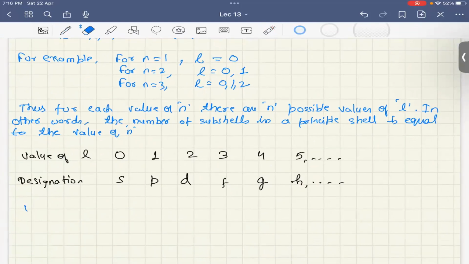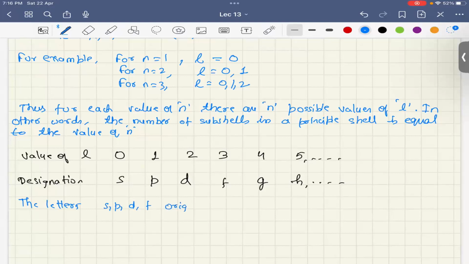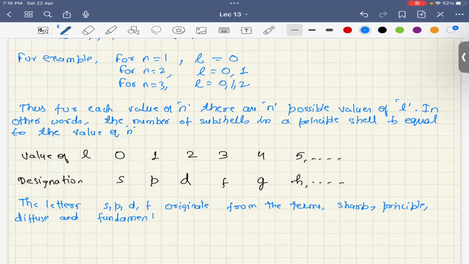The letters s, p, d, f originate from the terms sharp, principal, diffuse, and fundamental, which were used in atomic emission spectra.